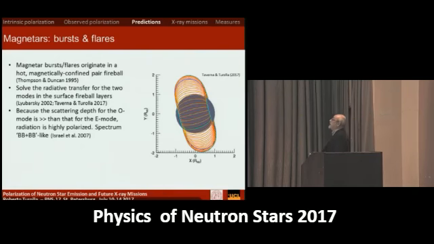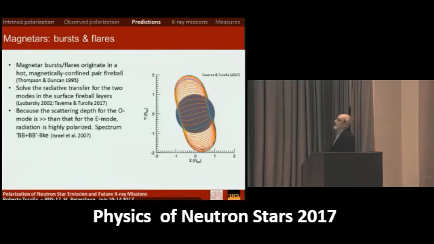The current state of the modeling is that the magnetar bursts and flares likely originate in a hot magnetically confined pair fireball, according to the original suggestion by Thompson and Duncan more than 20 years ago. What we have done, and Roberto will discuss this in detail, is to solve the radiative transfer for the two modes in the surface layers of the fireball.